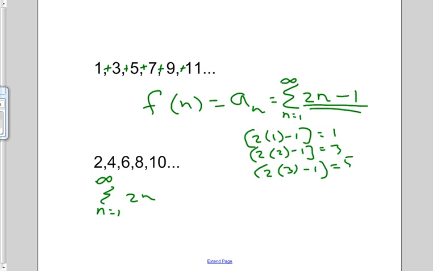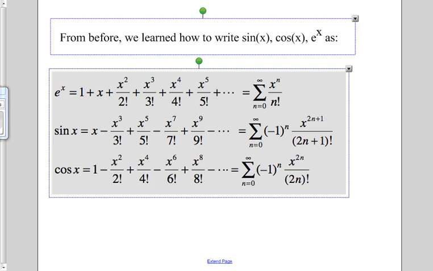Why do I do this? Well, I want to take a second, again, before we get into convergence, to look back at some things we learned about in the last video when we were learning about series for the first time, and we were talking about how I could write these 3 major functions in series notation. These functions, e to the x, sine x, and cosine x, are going to be used a ton over the next chapter.